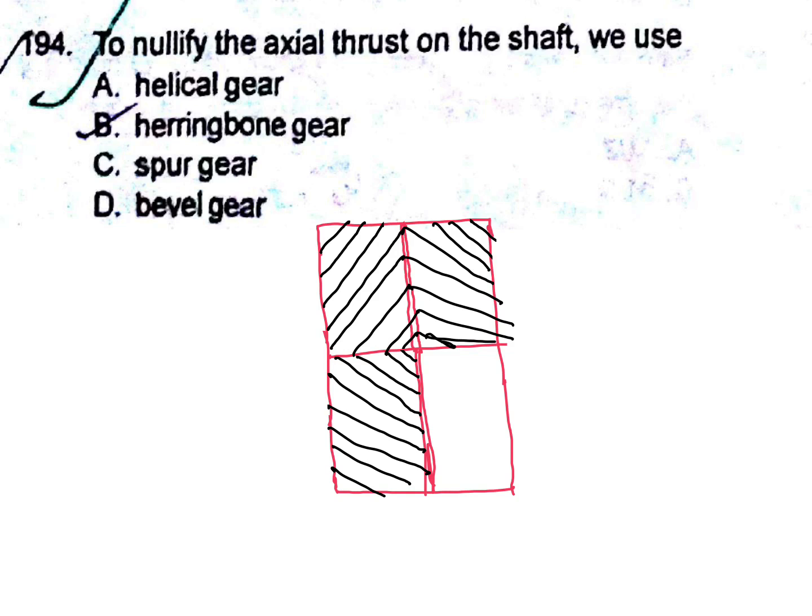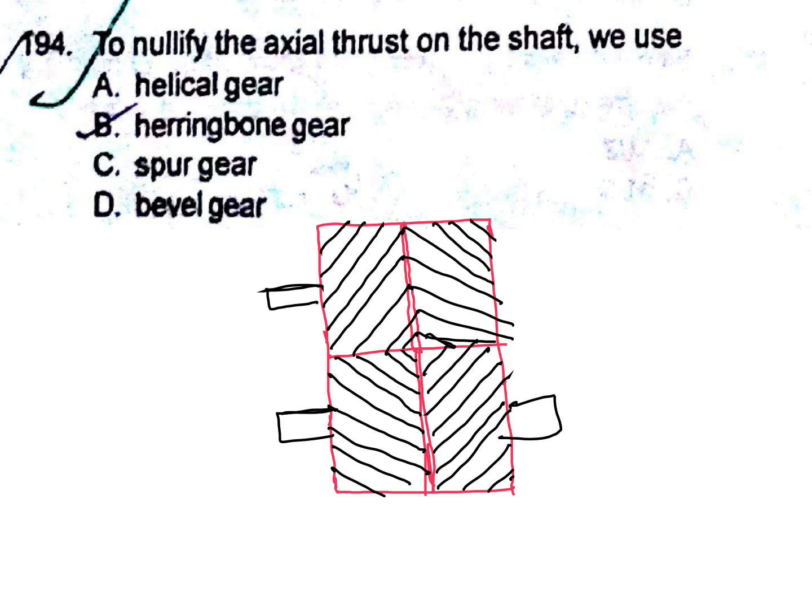Axial thrust is 0 or very minimum. We also call it herringbone gear, double helical gear.